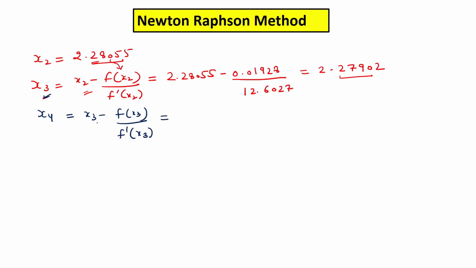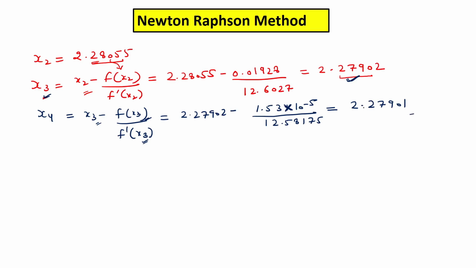Okay, so again x3 is this, and when we put this value inside our given equation, we will get 1.53 into 10 power minus 5, and if we put this 2.27902 inside the differentiation, we will get 12.58175, some value nearby it. So after solving all this, we will get 2.27901. So this is our x4.